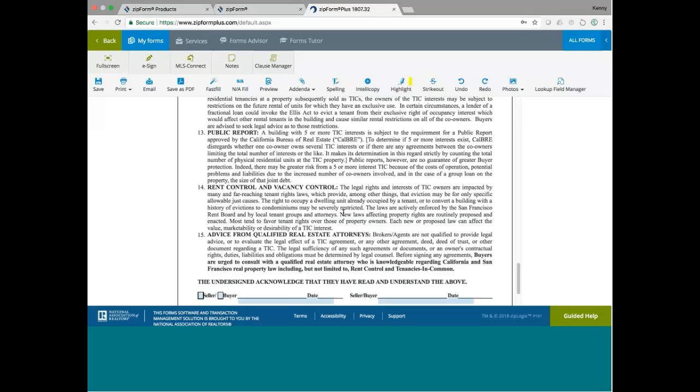Now, let's say, for example, you're buying a TIC interest in, let's say, Unit A, and in Unit A there's already a tenant, and that is a rent-controlled unit, you may not be able to recover it unless you are doing an owner-user, which means that you're moving in. So in other words, if you buy a TIC interest as an investment, and the unit is rented to a tenant, you may not be able to end the tenancy if you are not moving in. Okay, something for you to keep in mind.